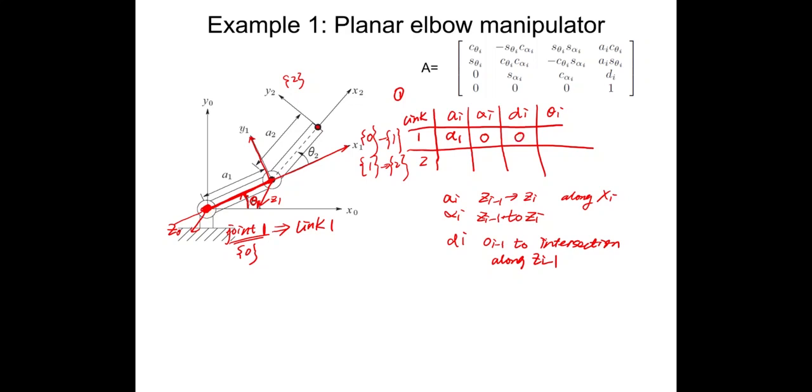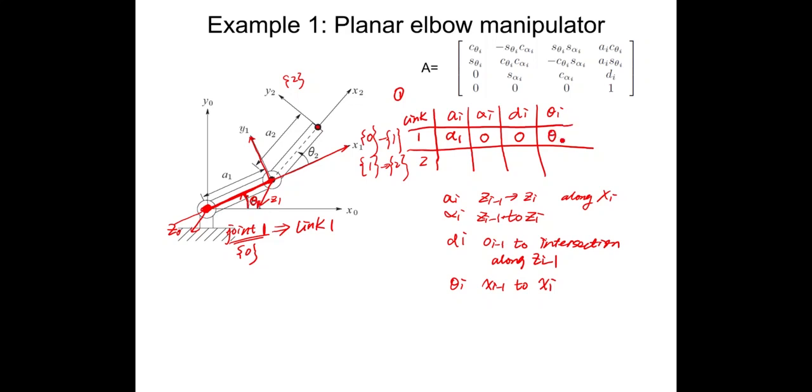And then what about theta I? What is the definition of theta I? The definition of theta I is X(I-1) rotating to X I. So where is my X0? My X0 is here, and my X0 rotates to X1. That is theta 1.